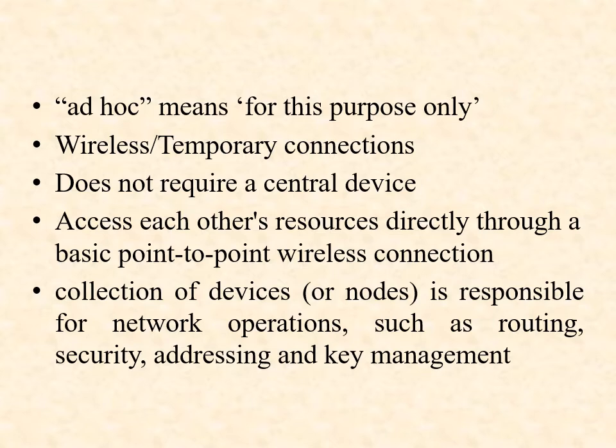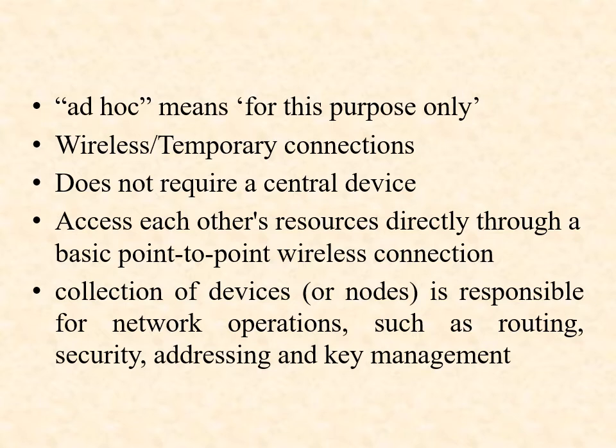Since the devices in the ad hoc networks can access each other's resources directly through a basic point-to-point wireless connection, central servers are not necessary for functions such as file sharing or printers.